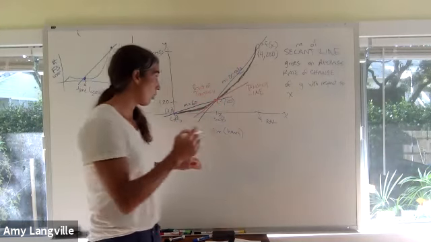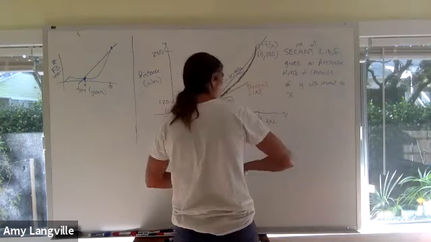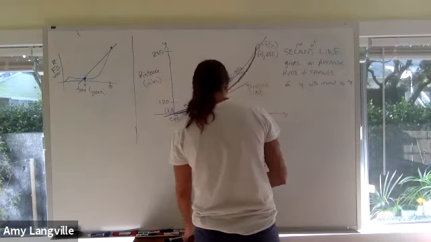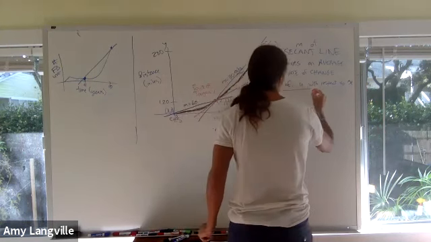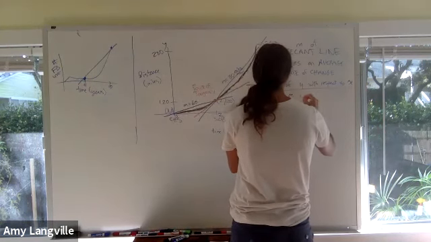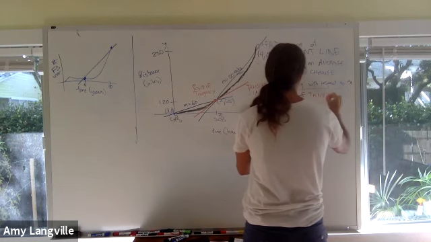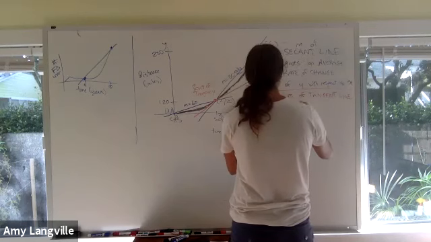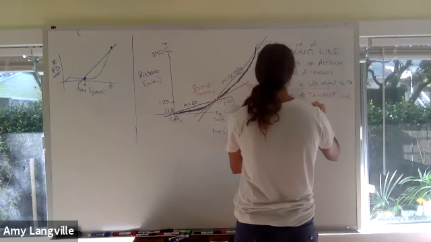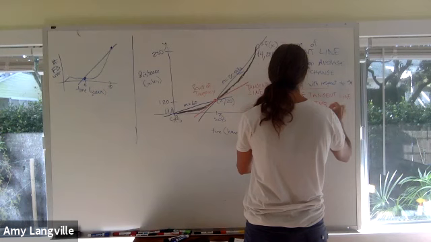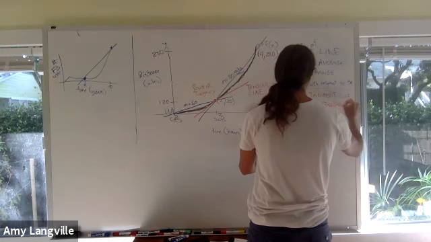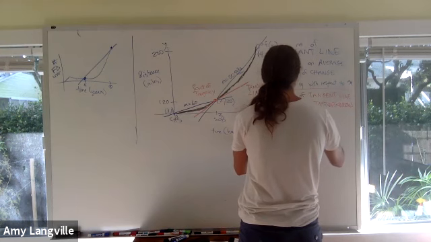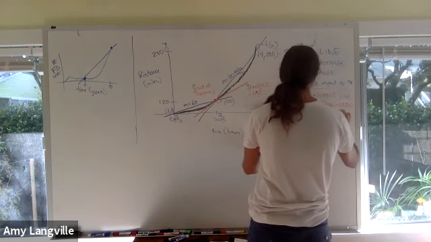And we're going to eventually learn that the slope of a tangent line, as opposed to a secant line, is going to give us an instantaneous rate of change of y with respect to x.